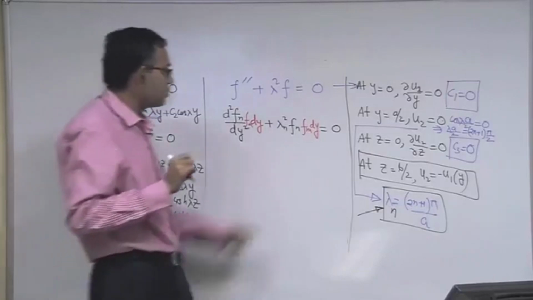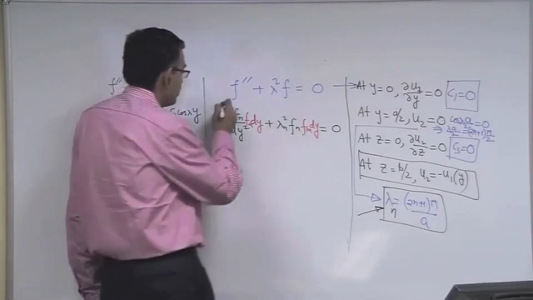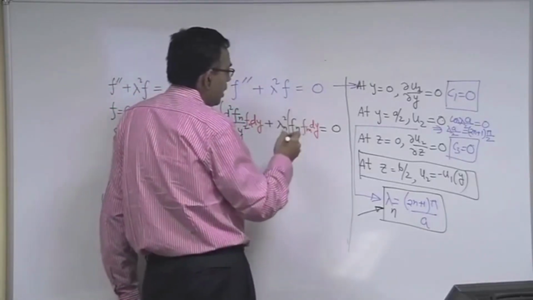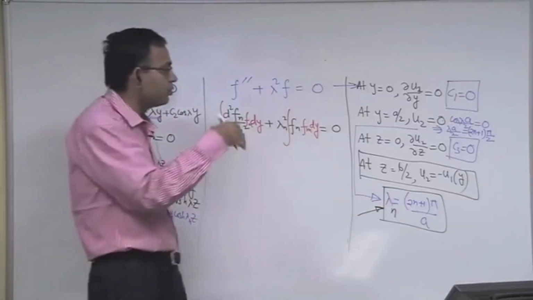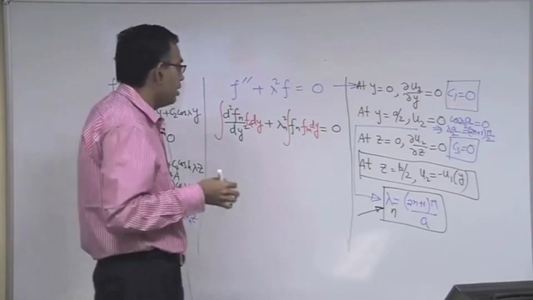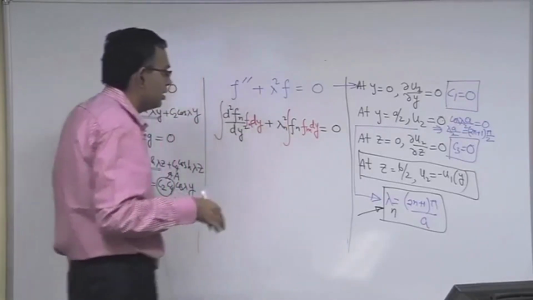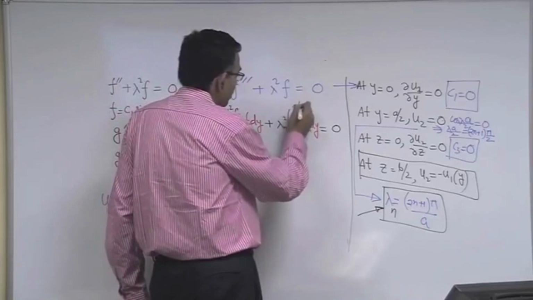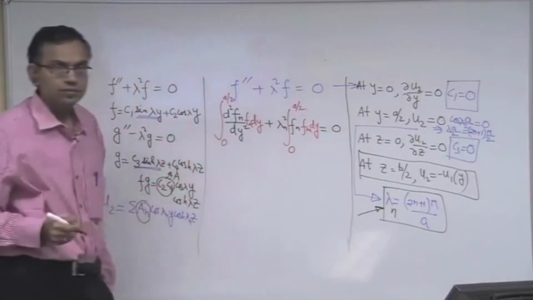So, we multiply this with Fm and integrate over y, that is the domain, 0 to a by 2 here, because our domain is 1/4 of the domain. I am not writing the limits here because the limits are not important at this stage, but if you are very particular about it, your limits are 0 to a by 2.